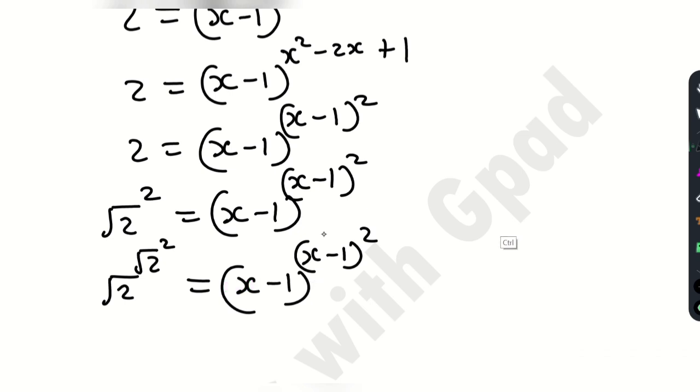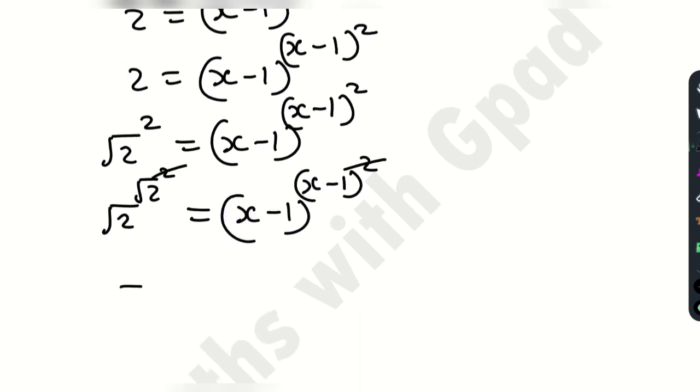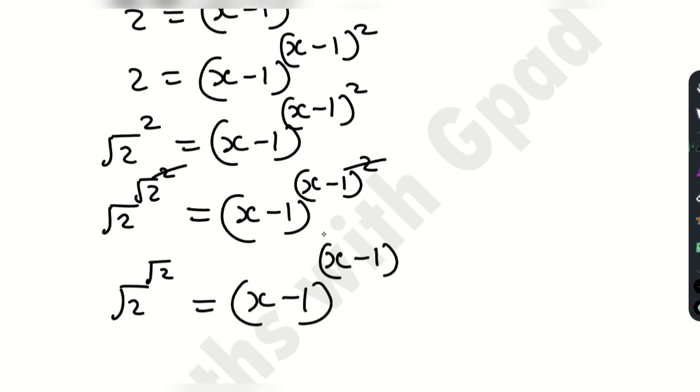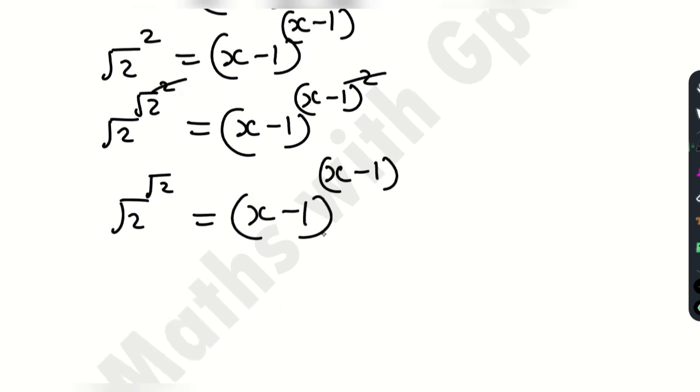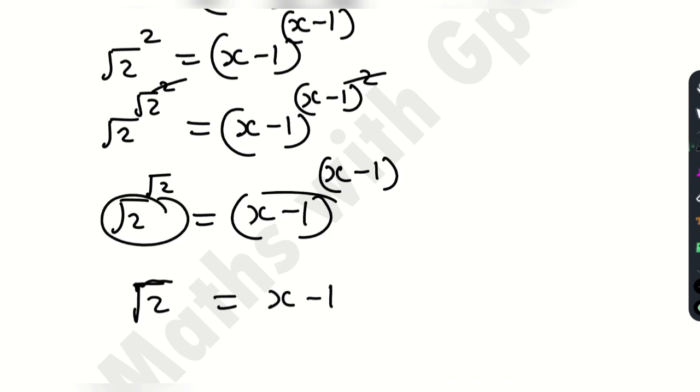We can cancel out the square on top, and then we have that root 2 raised to the power of root 2 is equal to x minus 1 raised to the power of what? x minus 1. So what does this mean? It means that x minus 1, or let me just say root 2, is equal to what? x minus 1. Because this compares with this, and this compares with this.